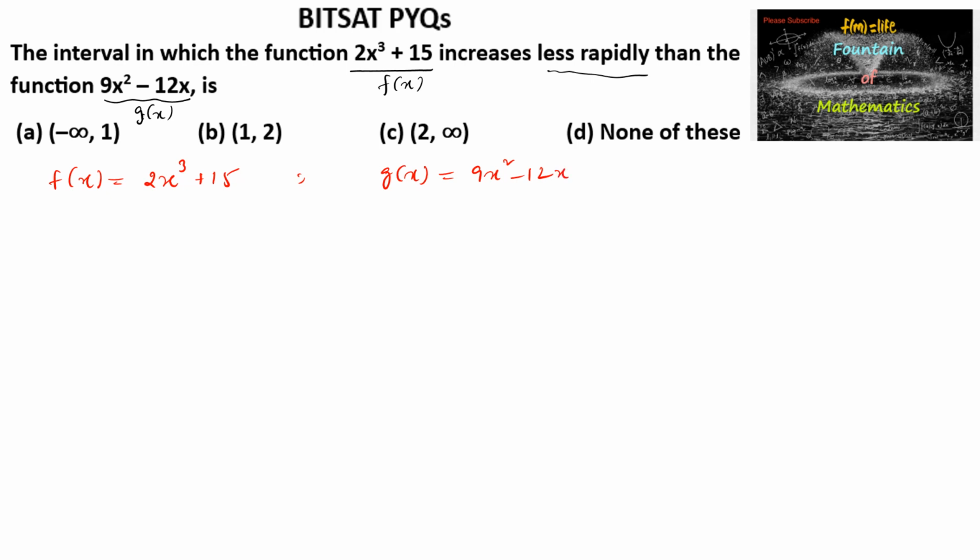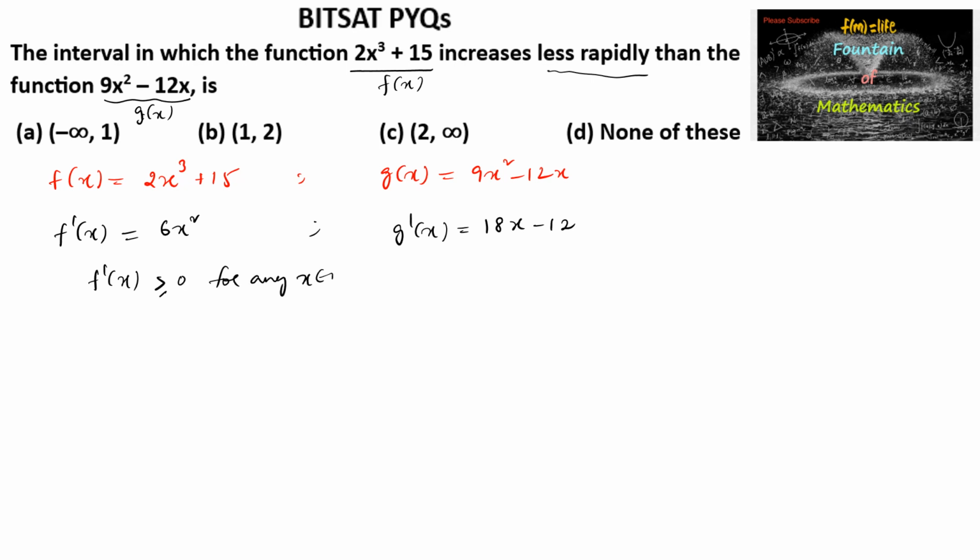Differentiating with respect to x, we get f dash of x is equal to 6x square, and g dash of x is equal to 18x minus 12, and 6x square is always greater than 0, so we can say f dash of x is greater than or equal to 0 for any x belongs to R.